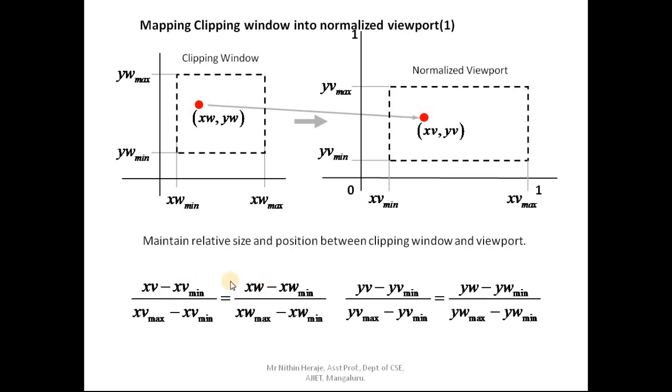This formula gives you the relative positions here. So xv, that is this particular value over here, xv minus xv min, divided by xv max minus xv min equals xw minus xw min divided by xw max minus xw min.